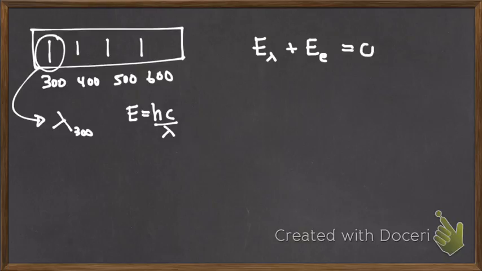Now, this part you're going to get from here. Your job is to figure out what Rydberg's constant, RH, is. So remember, this is the energy of the electron, and it depends on where it starts and where it finishes.